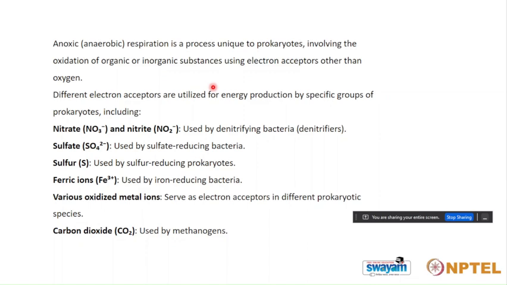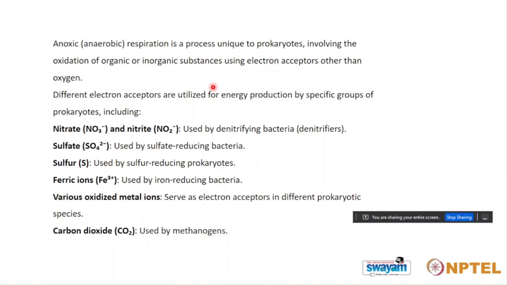In the case of denitrifying bacteria, nitrate and nitrite play the role of electron acceptors. In the case of sulfate reducing bacteria, sulfate ions play the role of electron acceptor. In the case of sulfur reducing bacteria, elemental sulfur plays the role of electron acceptor, and ferric ions, the Fe3+ ions, are the electron acceptor in the case of iron reducing bacteria.